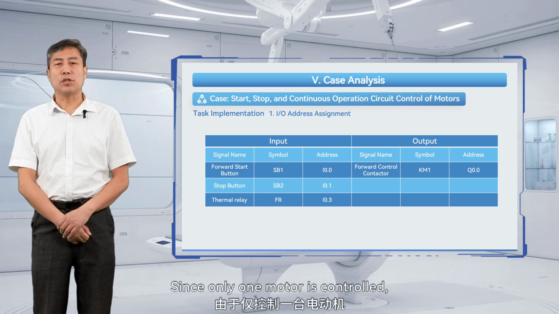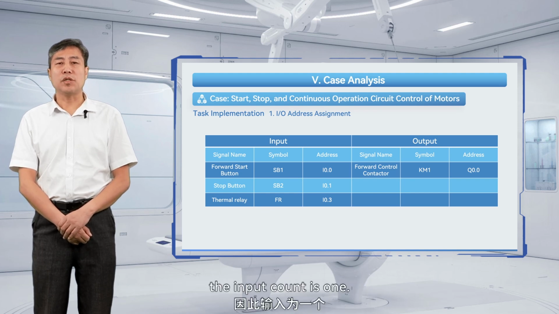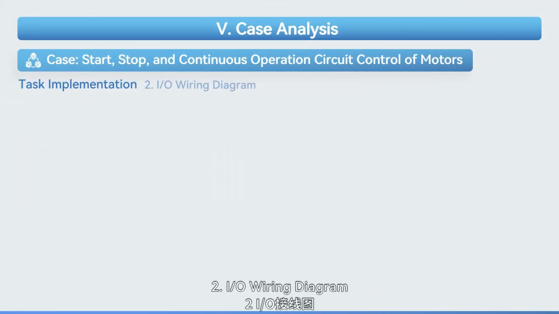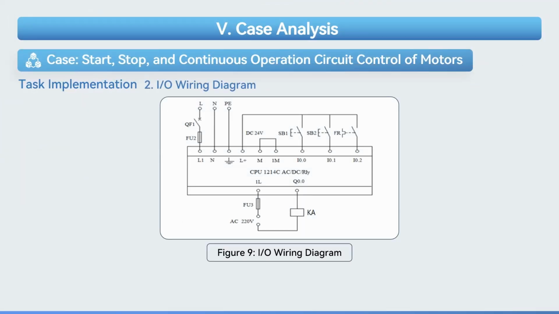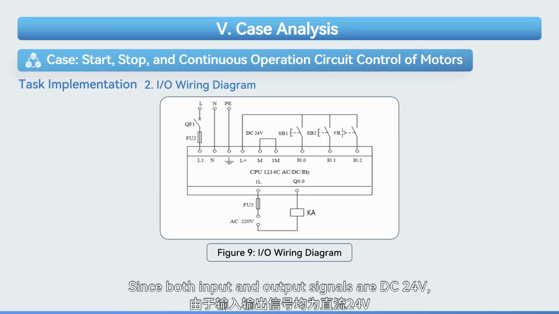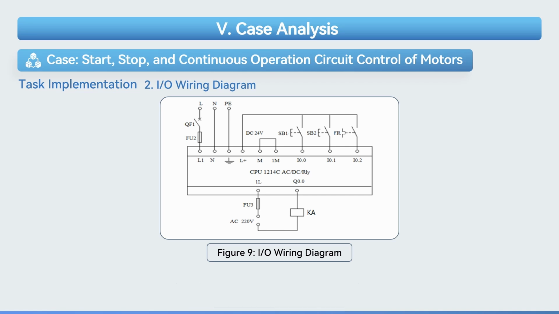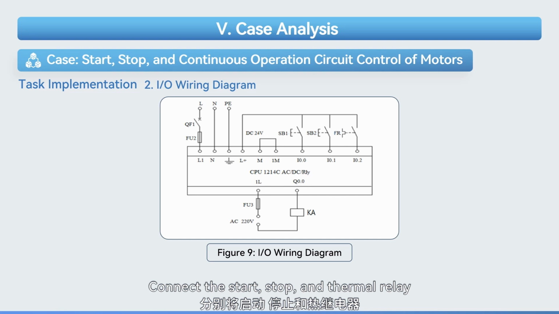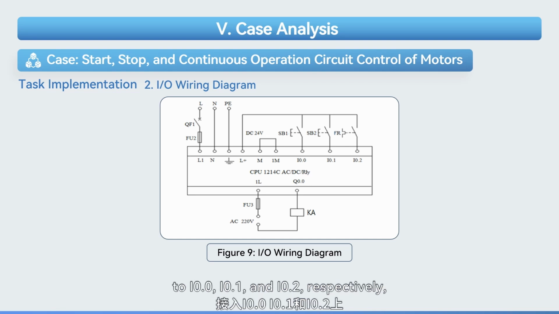Since only one motor is controlled, the output count is 1. 2. I/O wiring diagram. Since both input and output signals are DC 24 volts, connections are made as illustrated. Connect the start, stop, and thermal relay to I0.0, I0.1, and I0.2, respectively, and the motor control relay KA is connected to Q0.0.